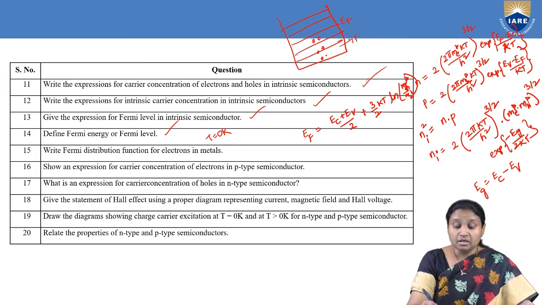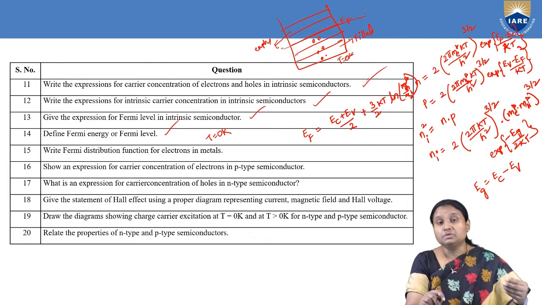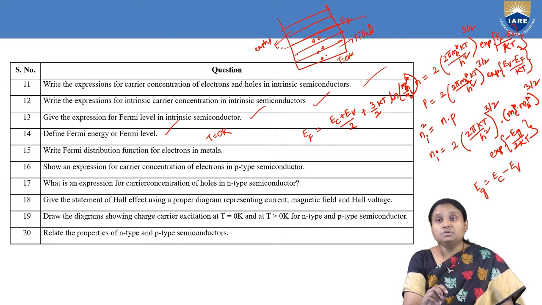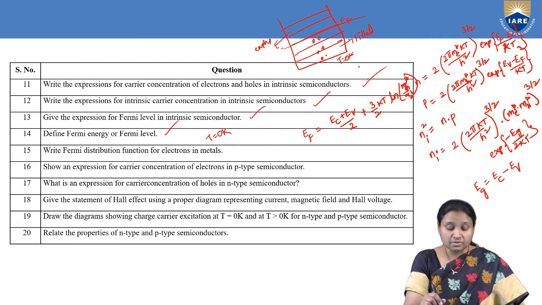Below the Fermi energy level, all the energy states are filled with electrons, and above the Fermi energy level, all the energy levels are empty. So at T equal to 0 kelvin, Fermi energy level is the boundary energy level which separates filled and unfilled energy states. And this definition holds good only at temperature 0 kelvin.